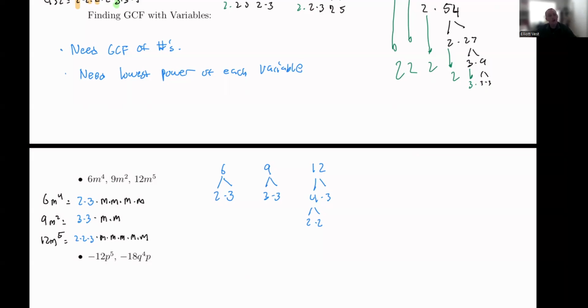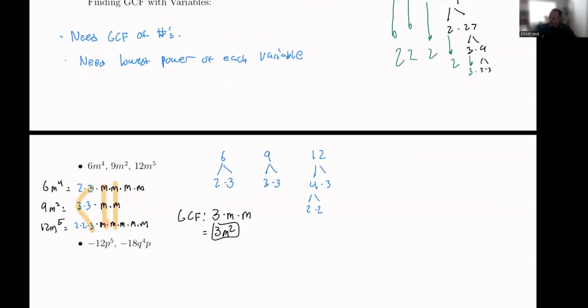It looks like they don't all share a 2 because in 9m squared, that 9 doesn't have a 2 there, but they all share a 3 in each line. And they all share a couple of m's as well. So the GCF here is going to be 3 times m times m, because they all share an m and another m, or 3m squared.